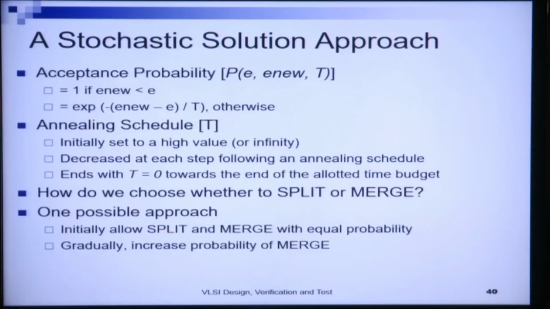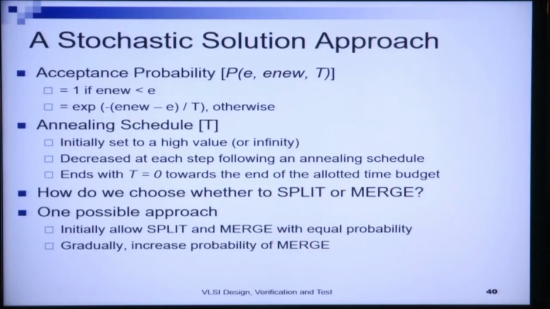And what does this value look like? When E new is greater than E, that means the new area cost is higher than the current area cost, then this value is 1 by e to the power (E new minus E) by T. This value will be higher when T is very high. So when T is very high, then what happens?